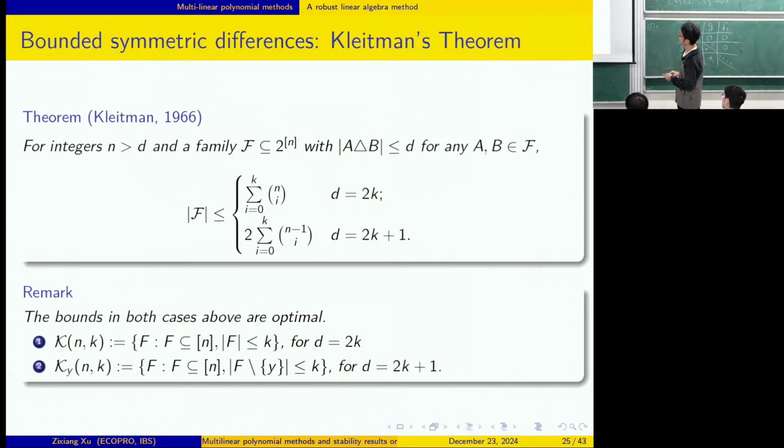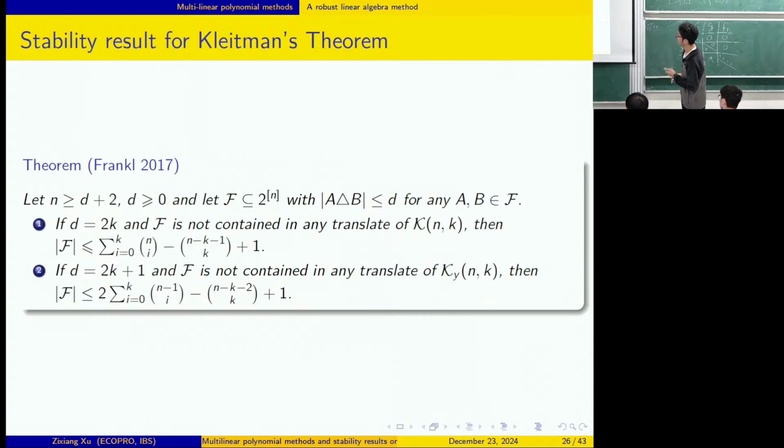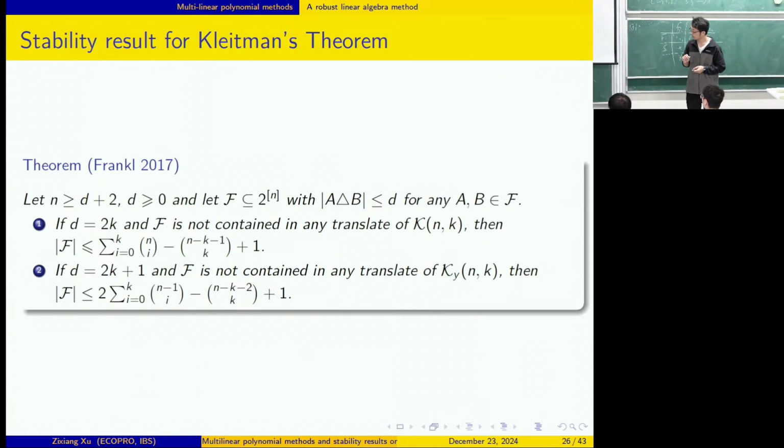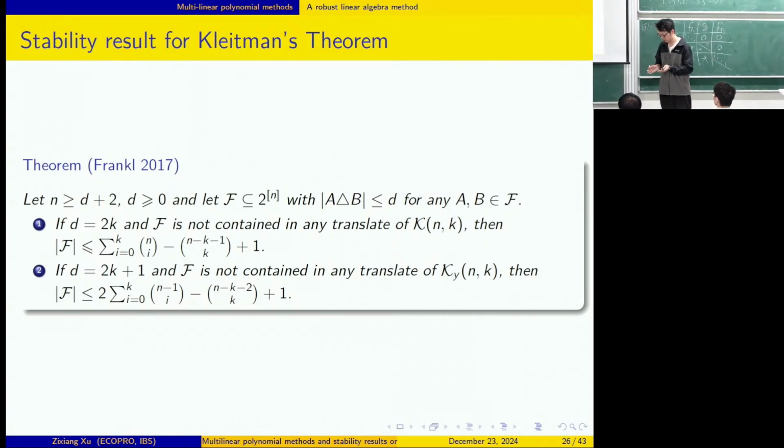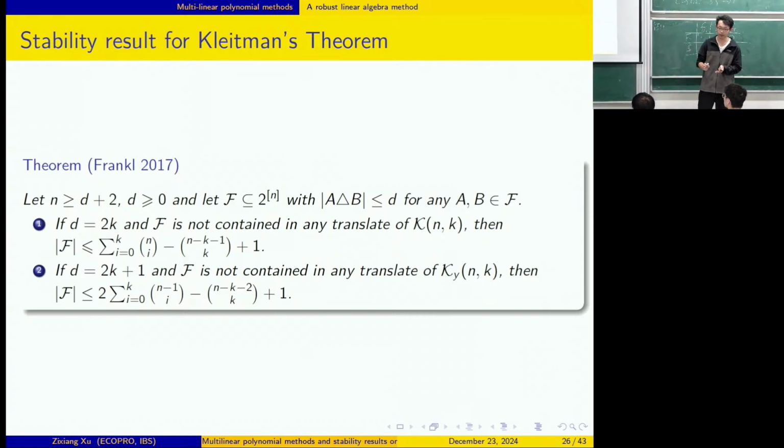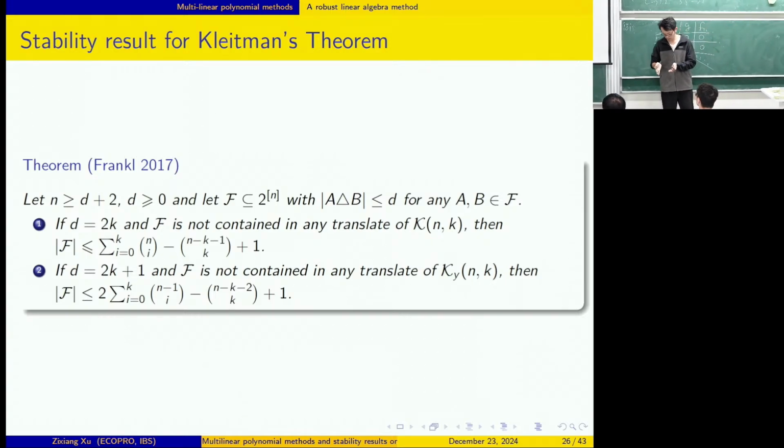Roughly 10 years ago, Frankl proved a stability version of the Kleitman theorem, which states that if the family is not contained in any translation of the extremal configuration, then the size is significantly smaller than the previous upper bound.